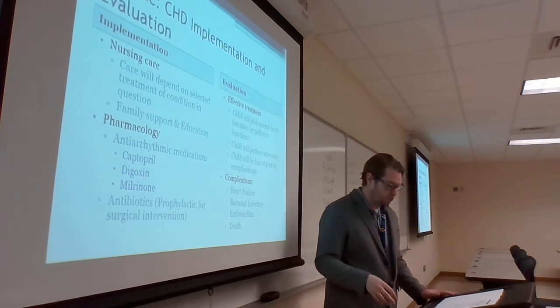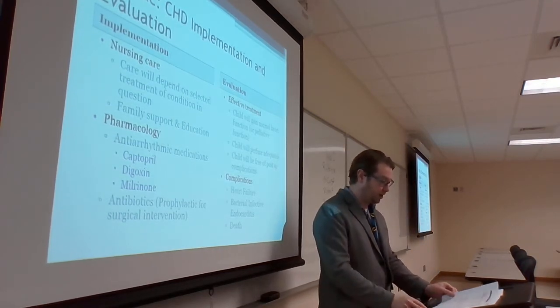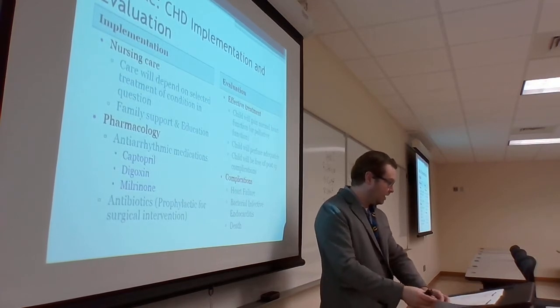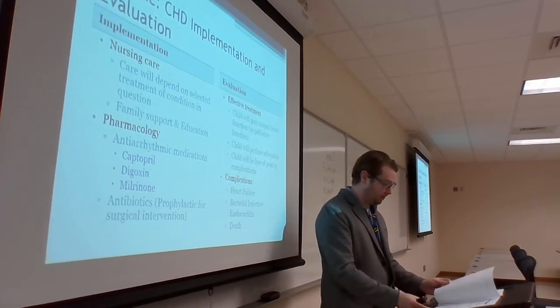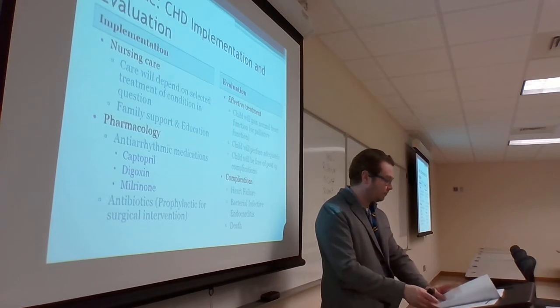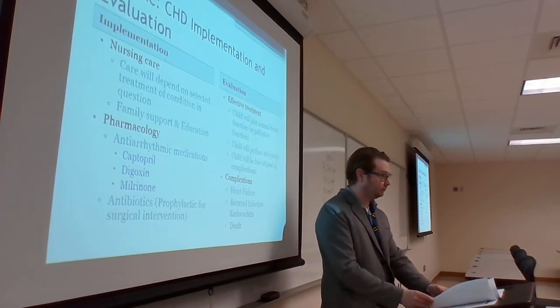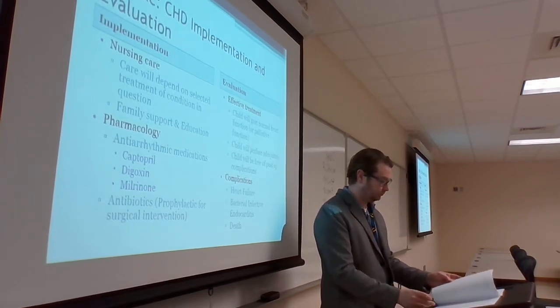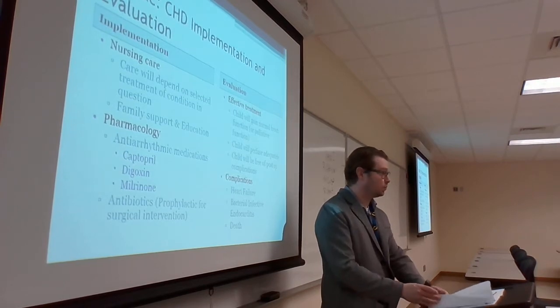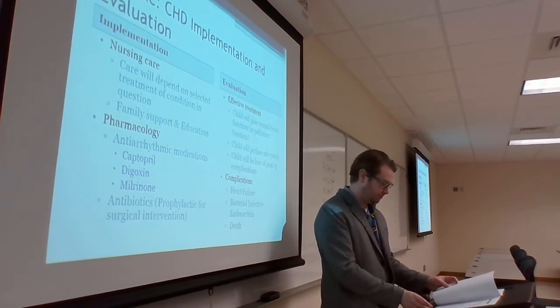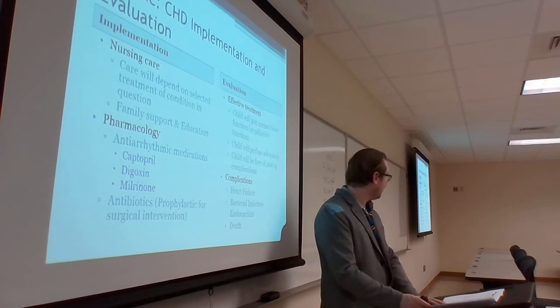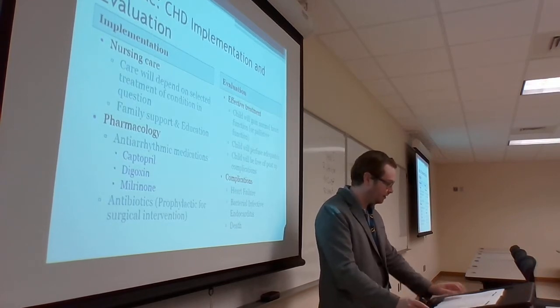Pharmacology. There are some pretty important medications that we're going to look at. So captopril is one of them. What does captopril do? So it's a pril. Yep, so it's an ACE inhibitor. What else do we have up there?